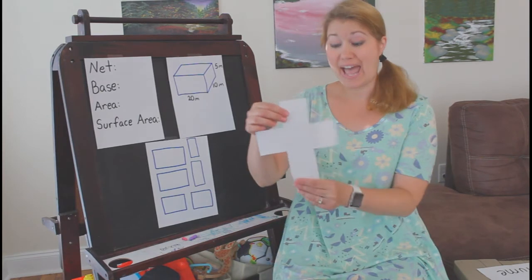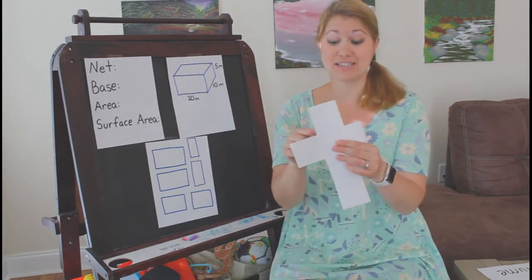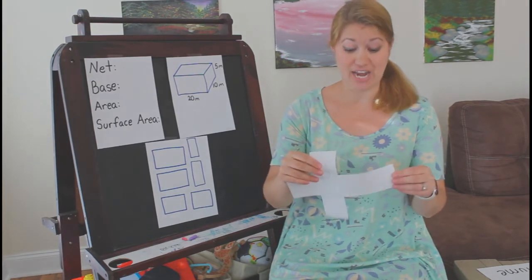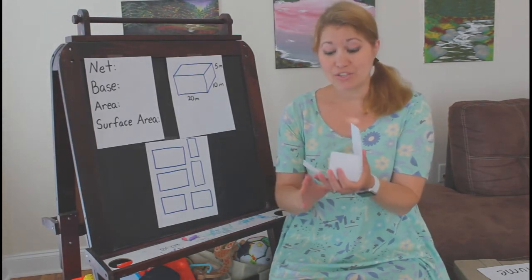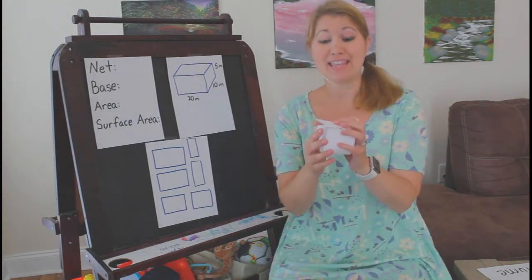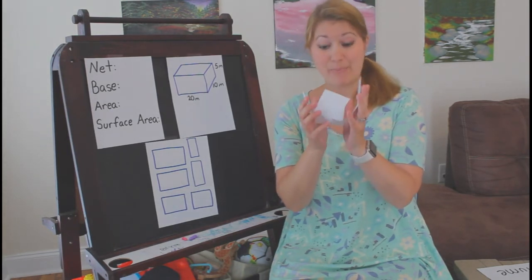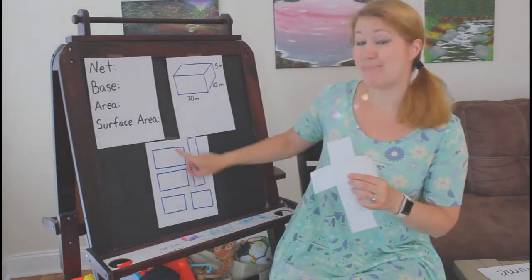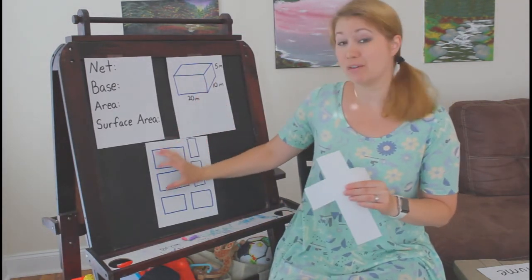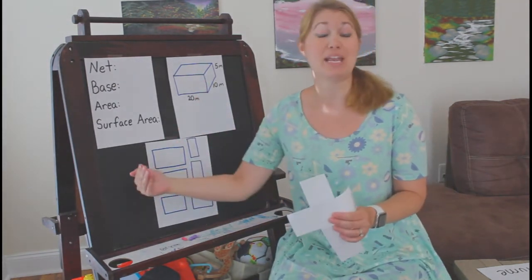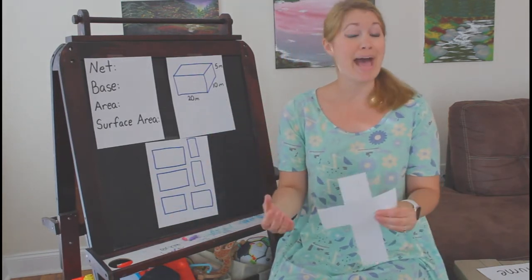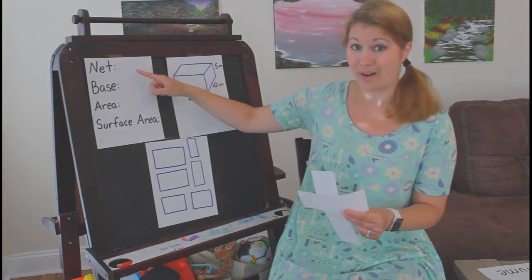Remember, the net looks like a map of every surface in that shape. You'll be able to fold it up and make that shape again. But you're drawing out the map to make that shape. You'll start just by identifying what the shapes are, then put them all together to make a map of your shape, a net for it.